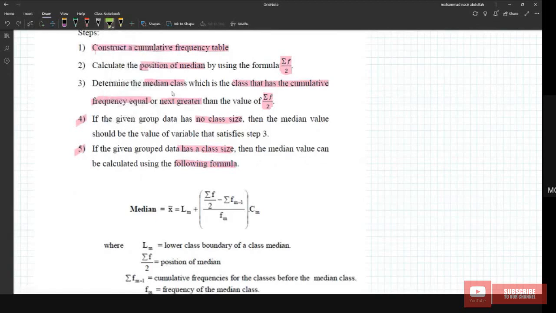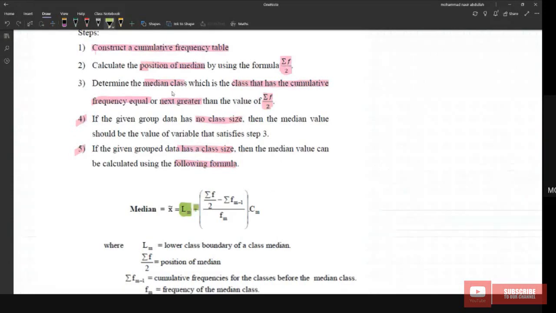The formula for calculating median for group data: first we need to find the lower class boundary of the median class, Lm, plus summation of f divided by 2, which is your position of median, minus summation of fm minus 1. That means the cumulative frequency before the median class. M means median class, M minus 1 means before the median class.